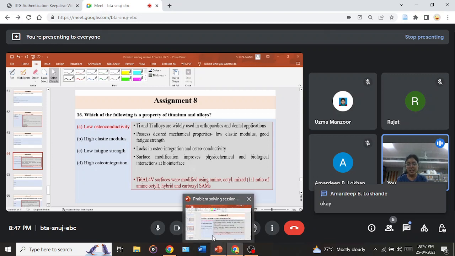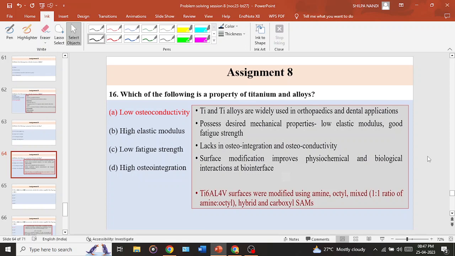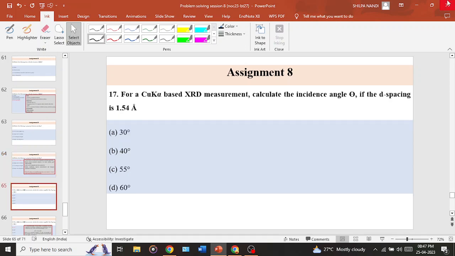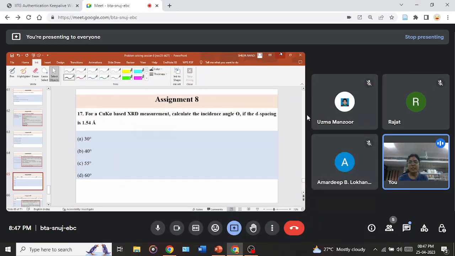So the next question is a numerical. For a Cu K alpha based XRD measurement, calculate the incidence angle theta if the d spacing is 1.54 angstrom. You have to calculate the incidence angle theta, and this is an XRD experiment.